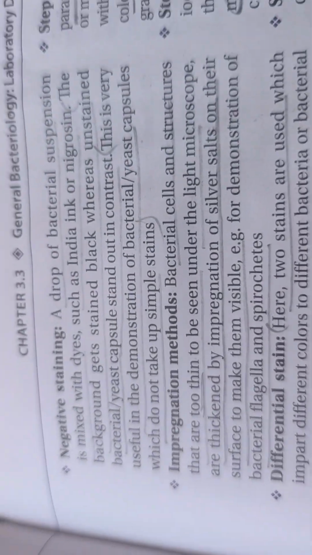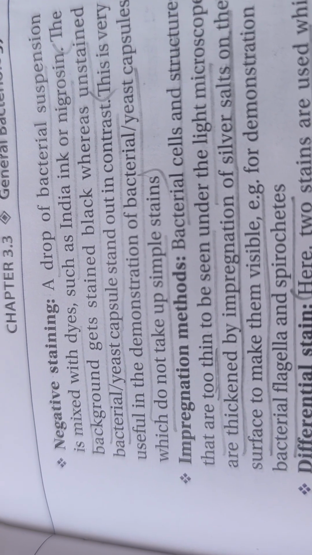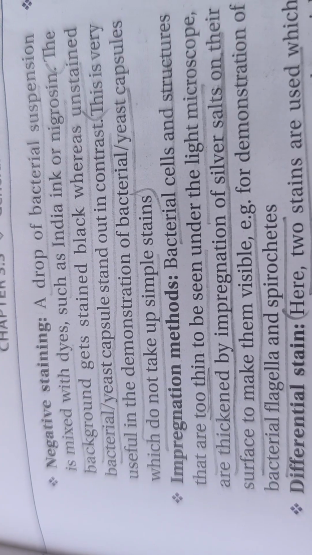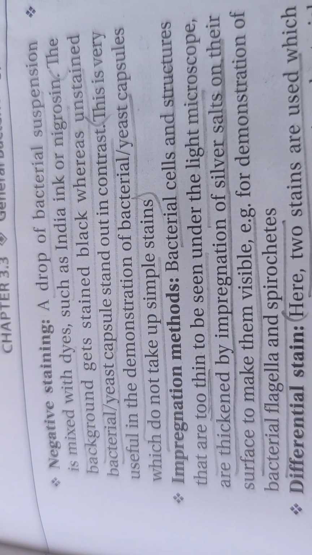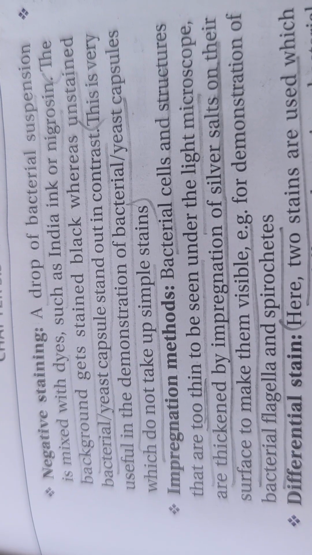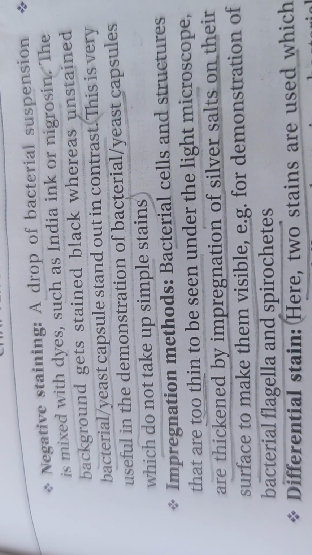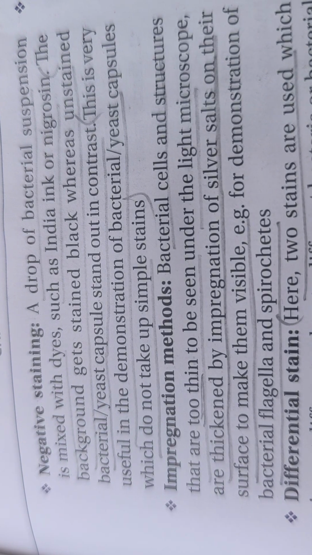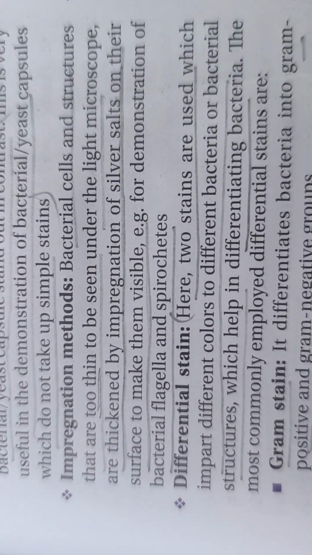Negative staining. A drop of bacterial suspension is mixed with dyes such as Indian ink or nigrosin. The background gets stained black, whereas the unstained bacterial or yeast capsule stands out in contrast. It is very useful in demonstration of bacterial or yeast capsules, which do not take up simple stains.